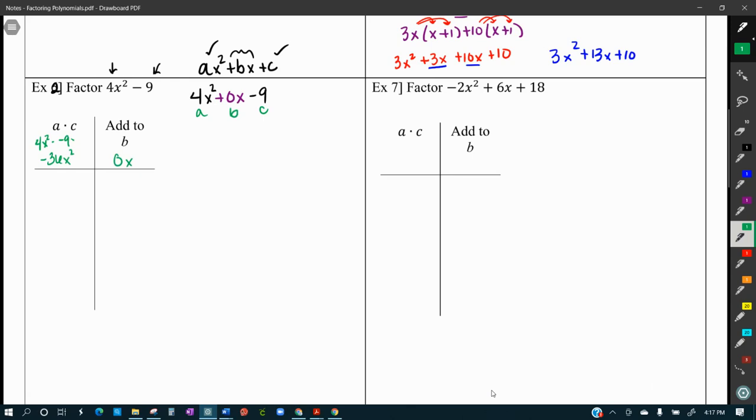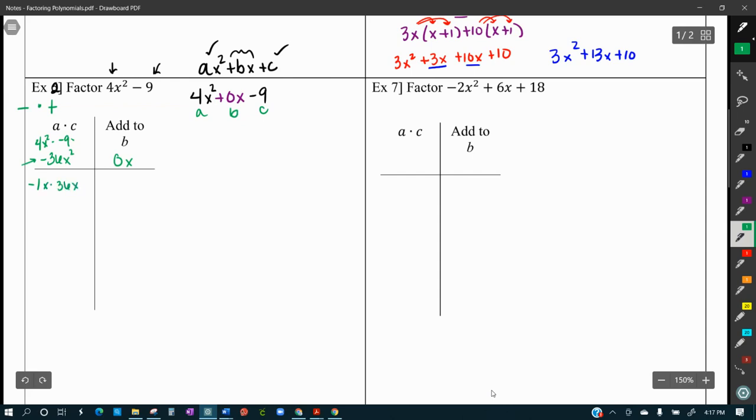So again, some of you are very good with numbers and you're going to be able to do this without the table, but otherwise, start at the top. Now, how do you make a negative number when you multiply? Well, that means one of them has to be negative and one of them has to be positive. It doesn't matter which one's which. So I'm just going to start with negative 1x times 36x.